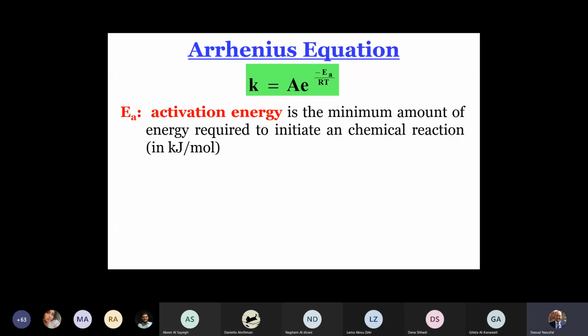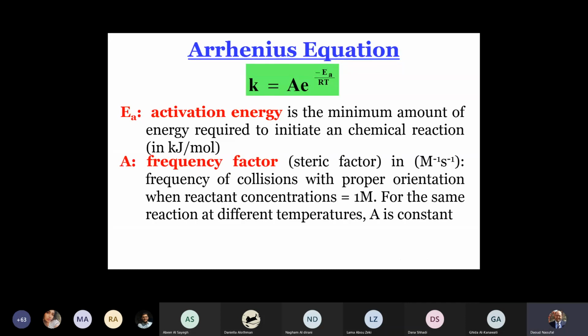The activation energy is the minimum energy needed for the reaction to proceed. And the activation energy of a reaction is constant, it is well defined. We will see that the addition of a catalyst only changes the activation energy of a reaction.